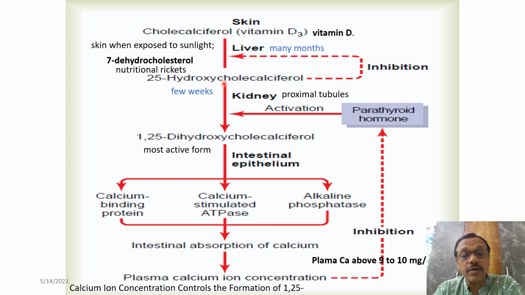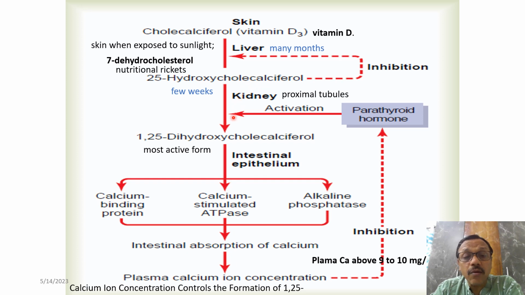And what is happening by the inhibition? A large amount of vitamin D3 can be stored in the liver for many months, and when required, this 25-hydroxycalciferol can again be formed from the liver. Now when this 25-hydroxycalciferol is formed, it goes to the kidney.